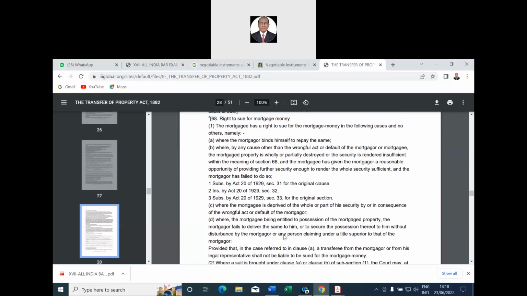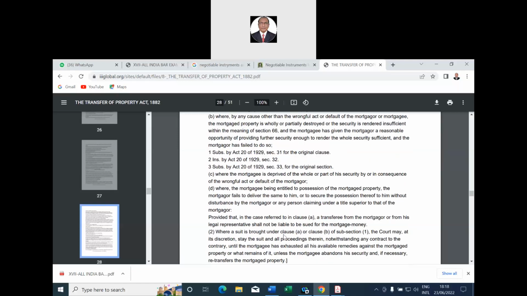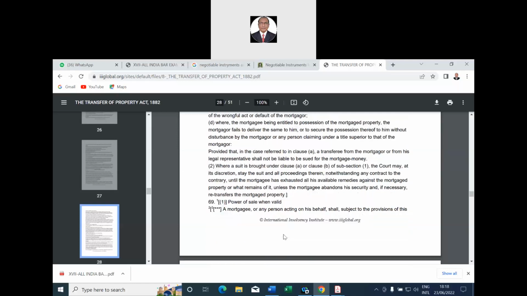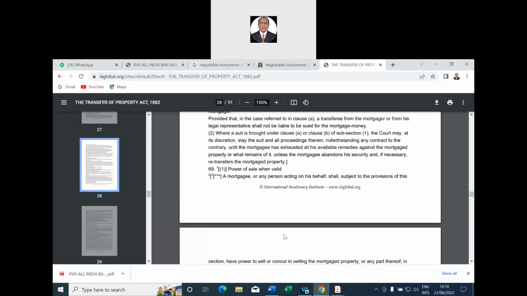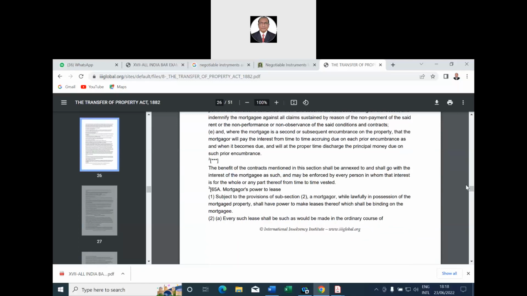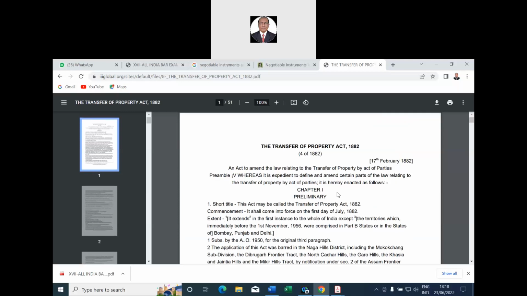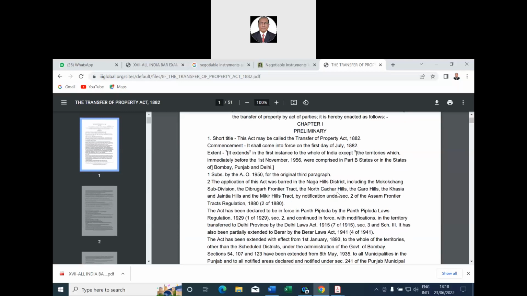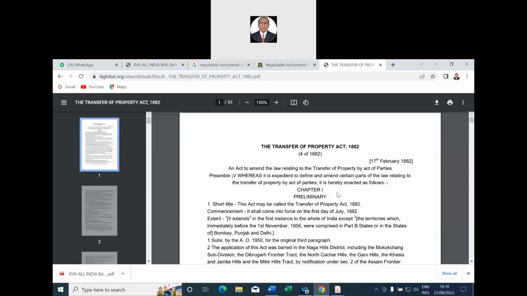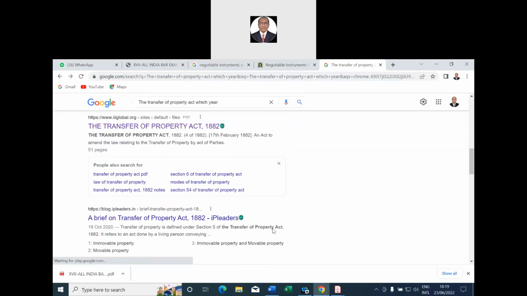But there is a subsection 1, 68. That means not 69, I think 49 might be the right answer for that. Because this is the Bare Act, which is given differently. Generally in the Bare Act they will give the summary first, next the total details. But here I did not see the summary. In the summary, we can directly go to section 49 or section 69. But here we cannot go in that manner, because it is given in a different style.